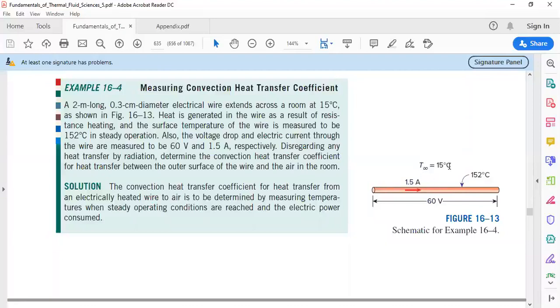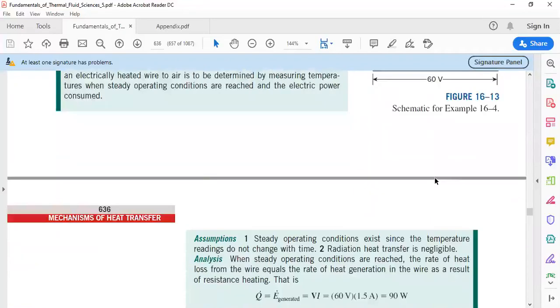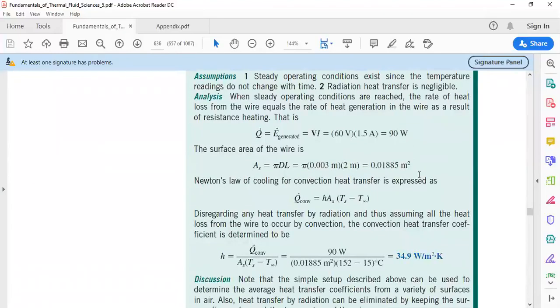We apply Newton's law of cooling between the surface of the electrical wire and the adjacent air, which is at temperature 15 Celsius degrees. We need to calculate the surface area of the electrical wire. We have the diameter and the length of the wire, so we can calculate the surface area and apply Newton's law of cooling.